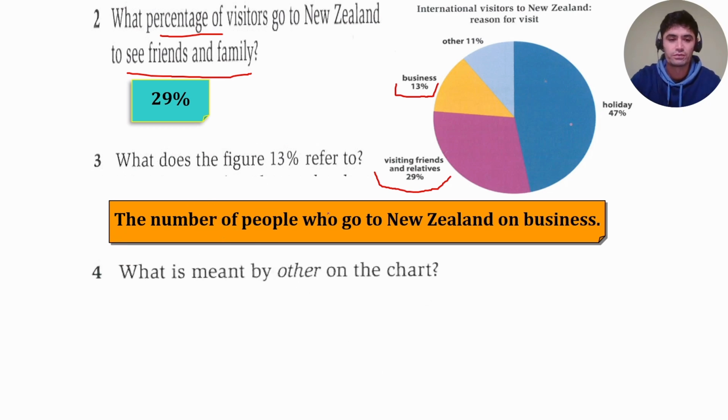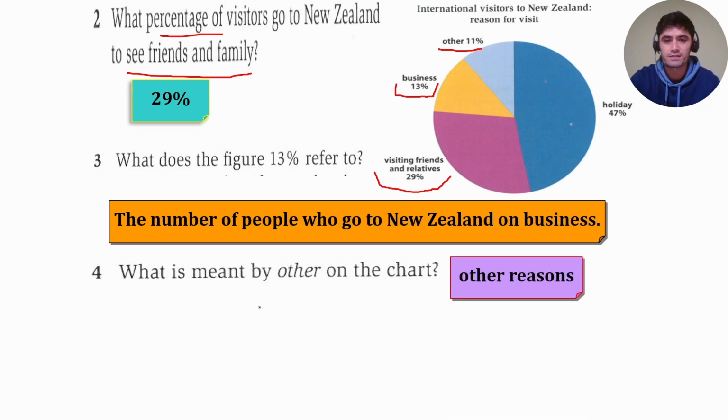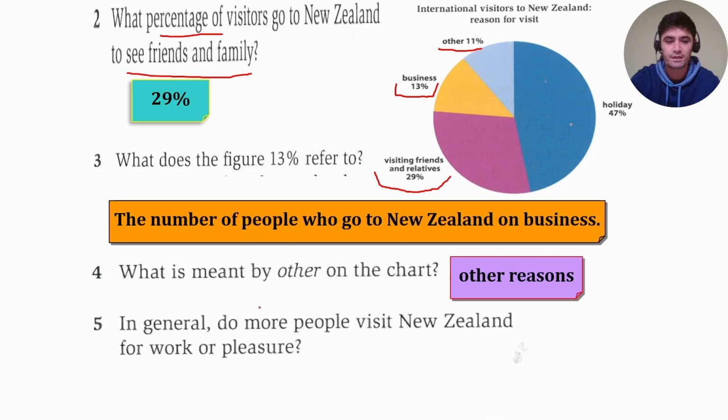Next question, what is meant by other on the chart? Other. Yes, you're right. It means other reasons for people visiting New Zealand.